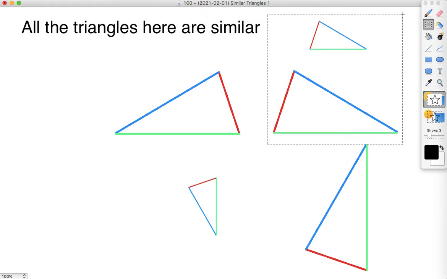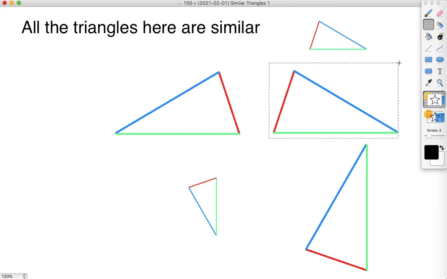Compared to each other, it looks like this triangle right here could be the same as this, just zoomed in. Sort of like the way you do in your camera, and you make it look bigger by zooming in. So these two shapes are similar. One of them just looks zoomed in, or the other one looks zoomed out.